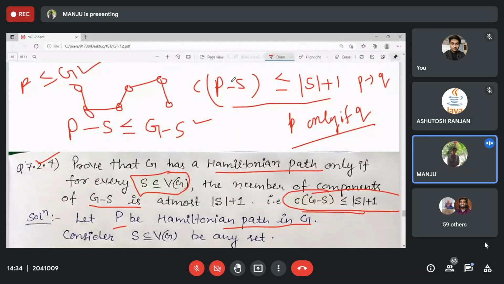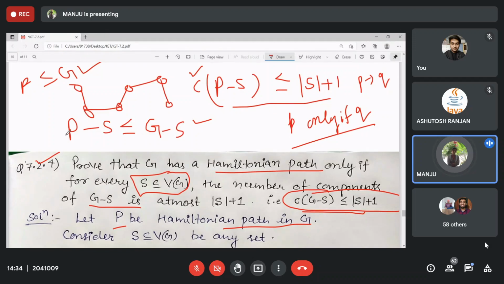If P is isomorphic to G, meaning the same, then we are done: the number of components of P minus S is less than or equal to |S| plus 1. But if P is not isomorphic to G, if P is not equal to G, then what can happen? Only more edges can be in G, right?